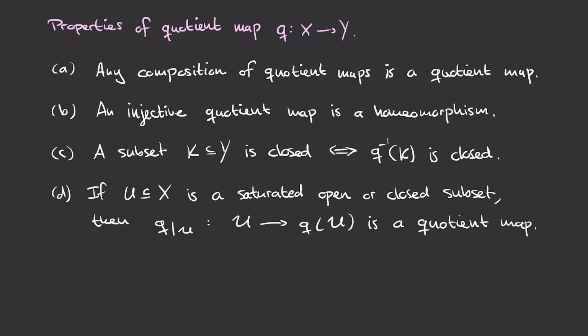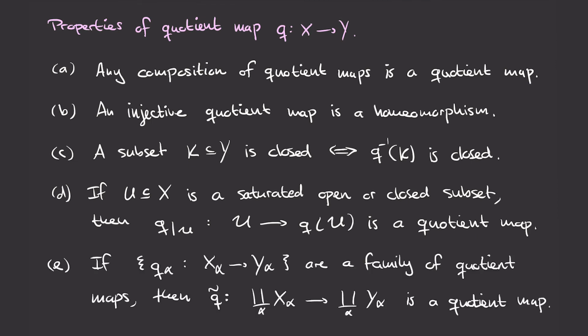And moreover, the resulting map will again be a quotient map. So in general, it's not possible to restrict to an arbitrary subset of the domain and still have the resulting map be a quotient map. In order for this to work, the subset you're restricting to has to be saturated. Either it has to be a saturated open subset or a saturated closed subset.